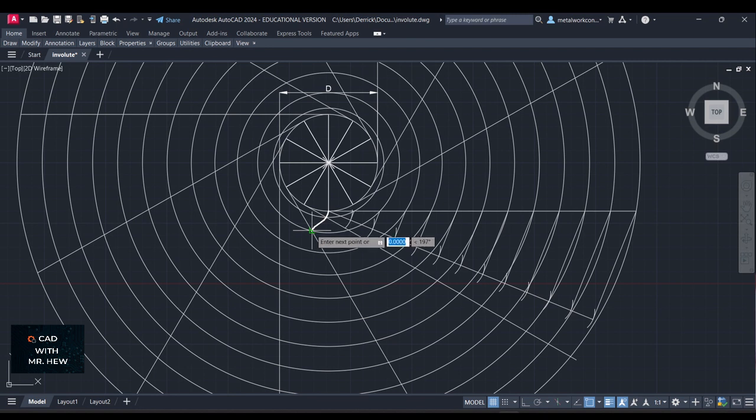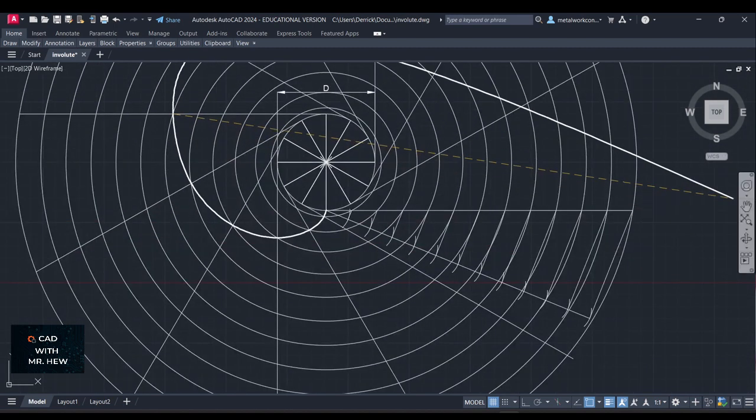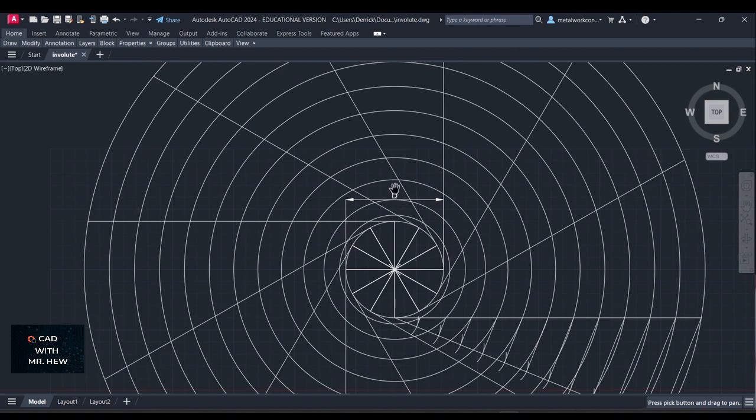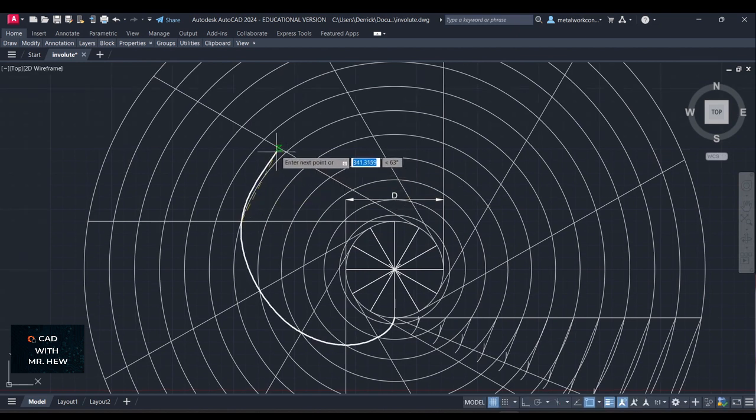The next point would be right here. The next point would be right there. The next point would be there. Are you following? The next point would be there. Keep your eyes on the objective to complete the task. The next point would be there.